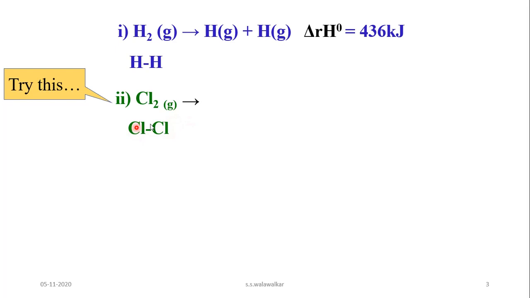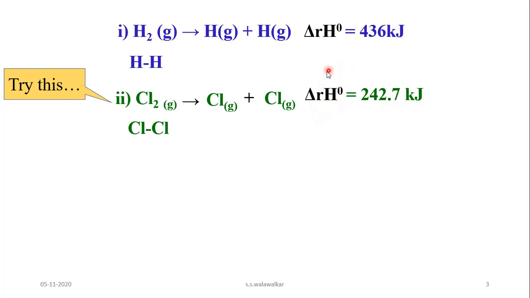Single covalent bond is there between chlorine and chlorine. When it dissociates, it gives you 2 chlorine atoms in a gaseous state. And to break this covalent bond between chlorine and chlorine, how much amount of heat is required? 242.7 kilojoules.